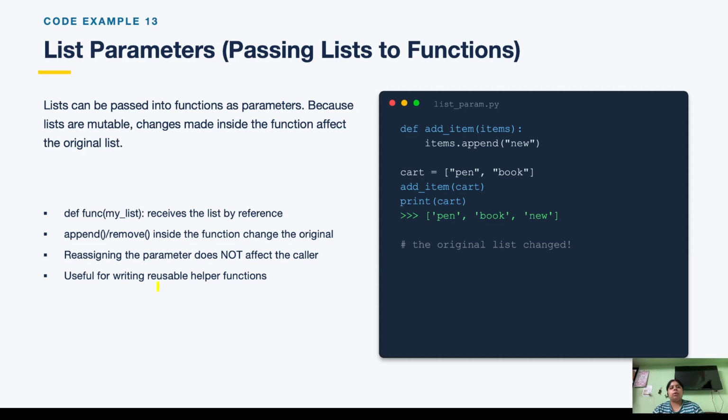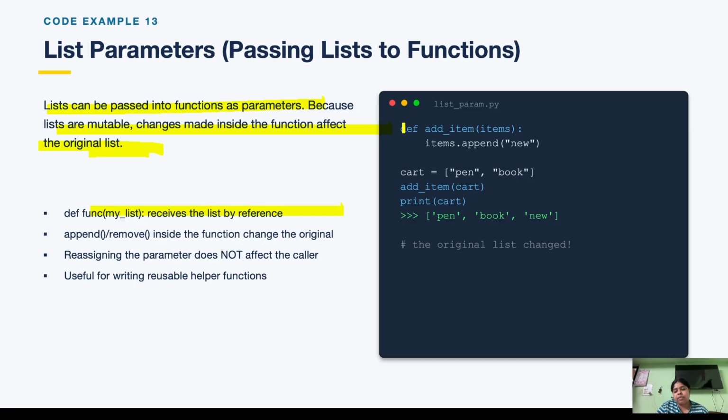Now let's talk about list parameters, passing lists to functions. When you start passing lists to functions, a new concept comes. Here you will keep learning about append, remove, delete and all that. Lists can be passed into functions as parameters because lists are mutable. Changes made inside the function affect the original list. Getting my point? So when you define a function, you receive the list by reference.